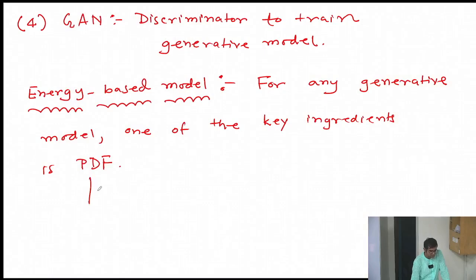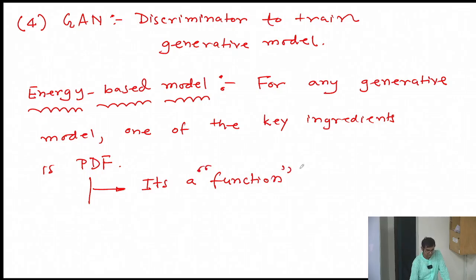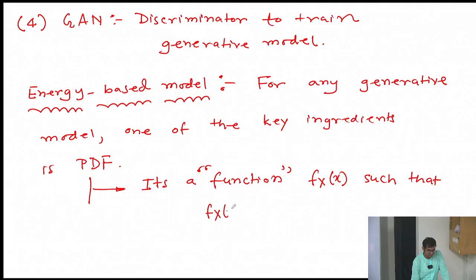Now this is important, so I will rewrite it down again, because this is important in the context of what we are going to discuss in energy based model. So it's a function, and I will put function inside inverted commas, f(x), such that f(x) is greater than or equal to 0 and integration of f(x) dx is equal to 1.